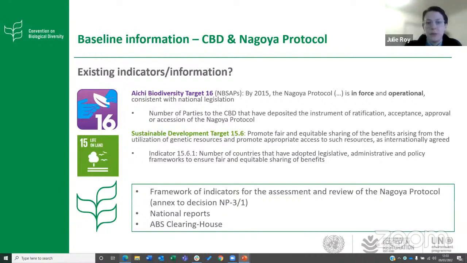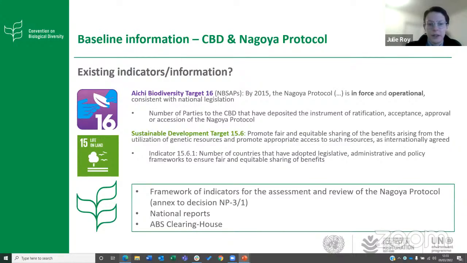For target 15.6, that indicator was the number of countries that have adopted ABS frameworks at the national level. These are the only 2 existing indicators available on access and benefit sharing, and they're more useful for a global level of analysis.